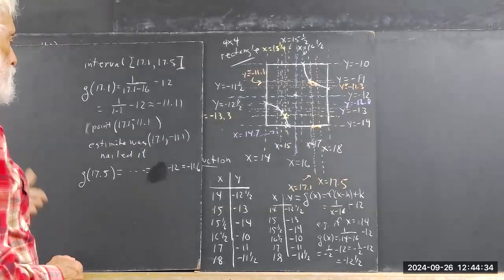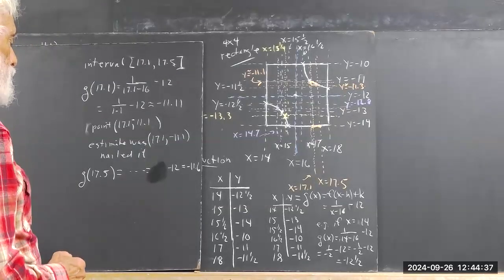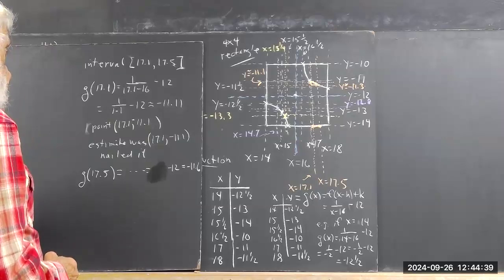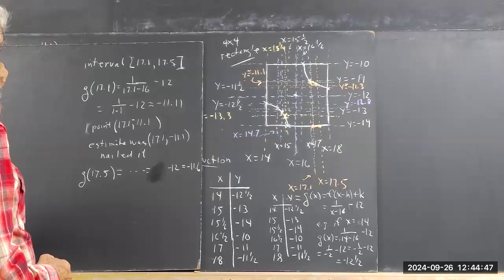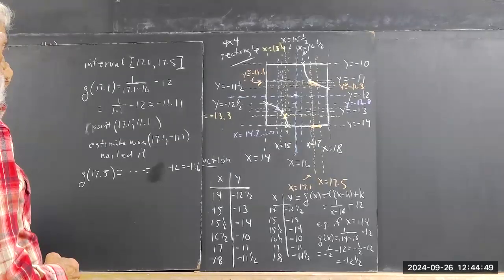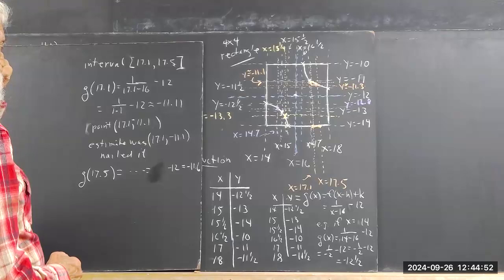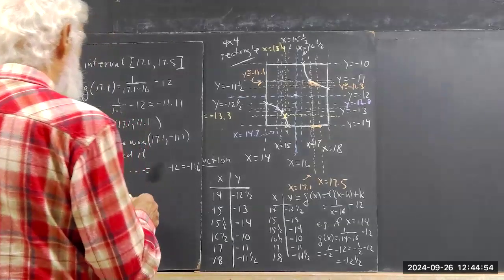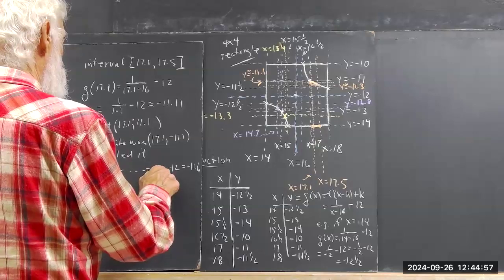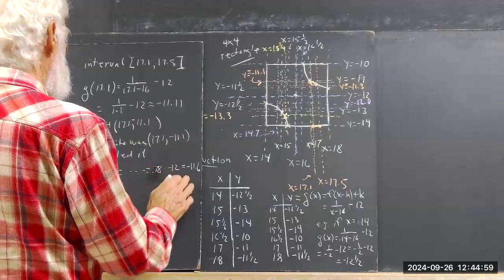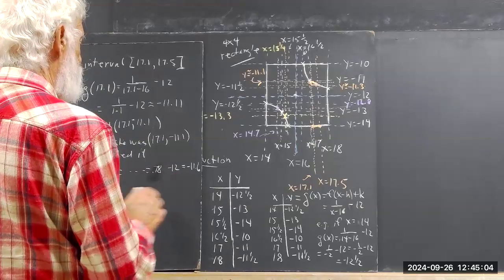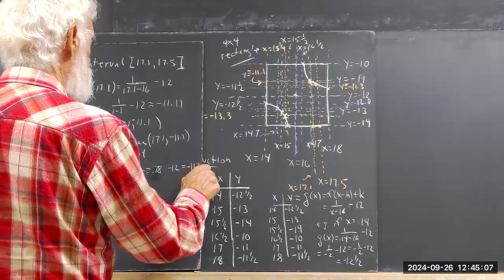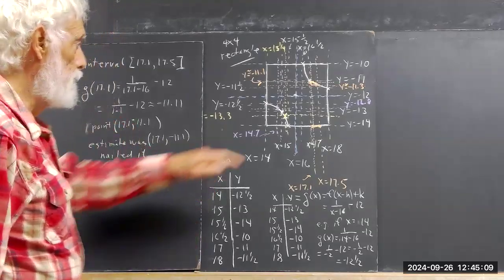Okay, well, reciprocal of 1.3 is about 0.77, 0.78. Okay, so if I subtract that, I get about negative 11.2, not negative 11.3.